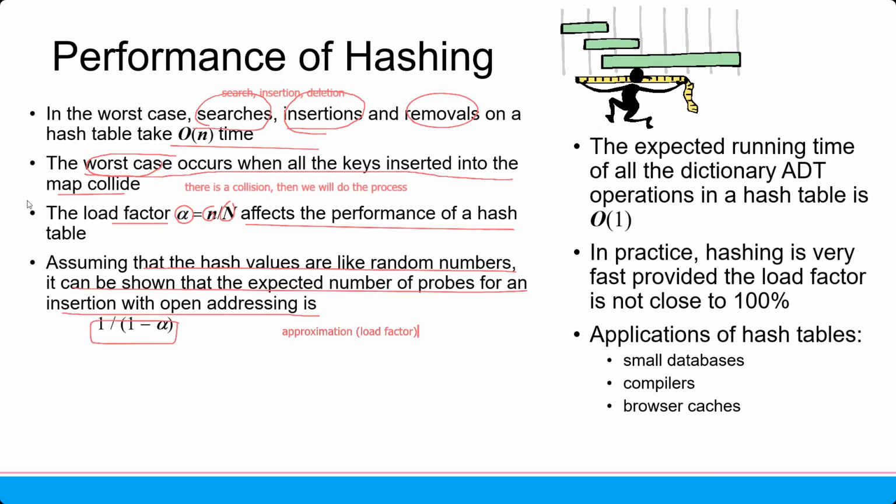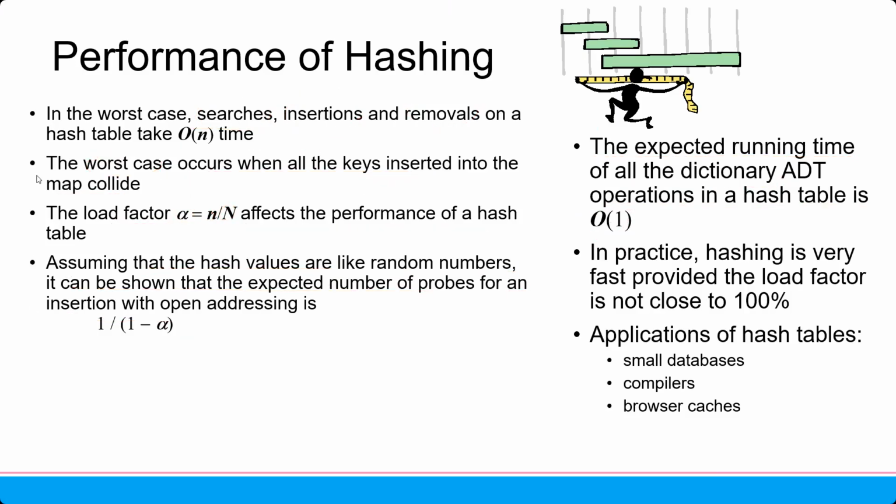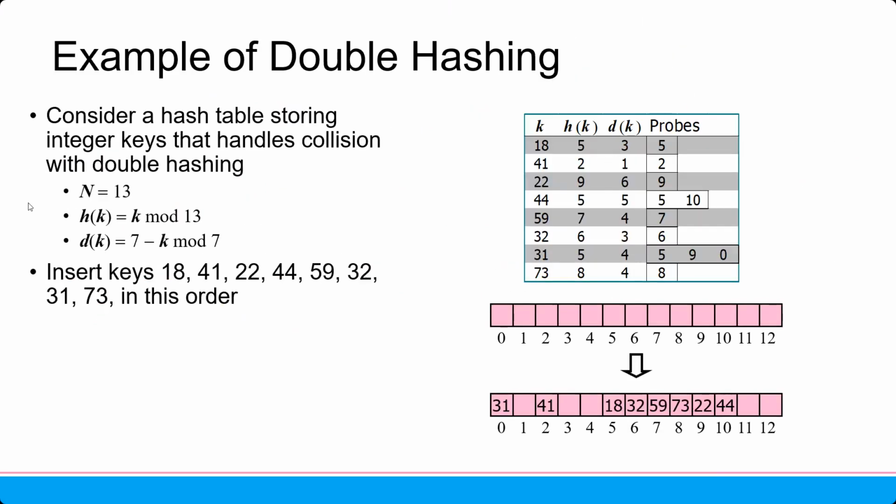So the expected running time of all the dictionary ADT operations in a hash table is O(1). If there is no collision, the best time is O(1). If everything is fine, then O(1).